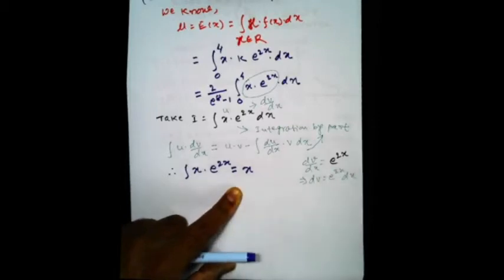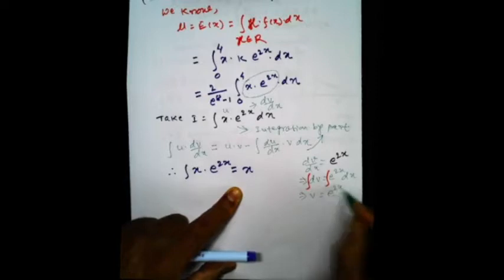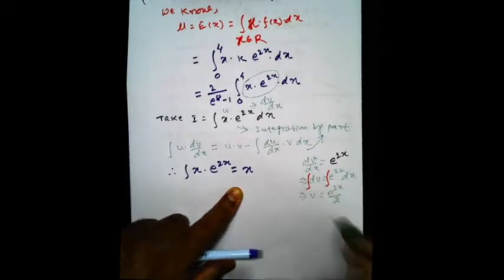Integrating both sides, the integration of dv will be v, and the integration of this function will be e to the power 2x over 2. At this time you don't need to write the constant term because we are dealing with a definite integral.